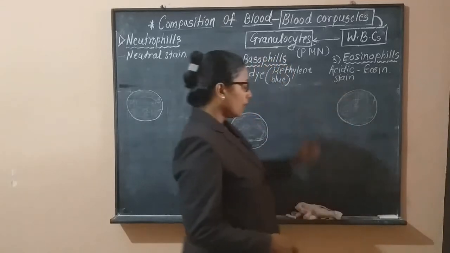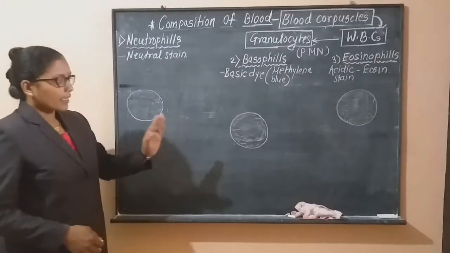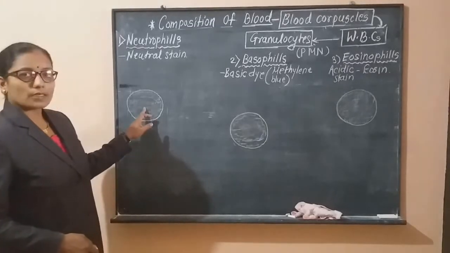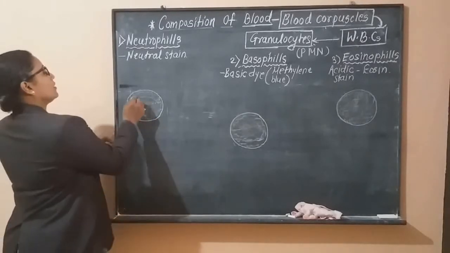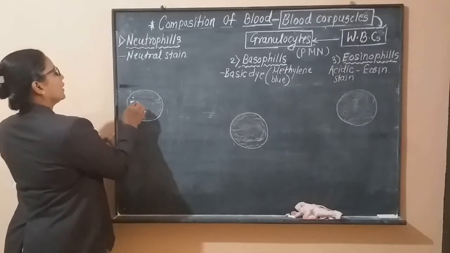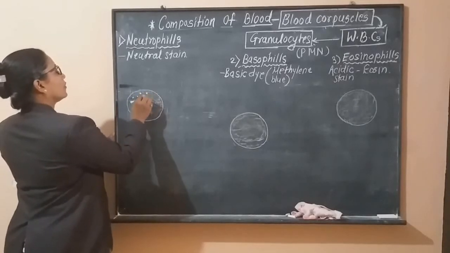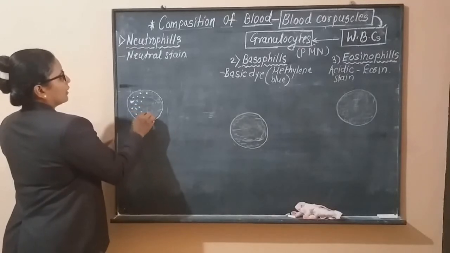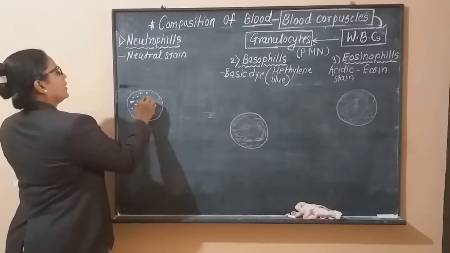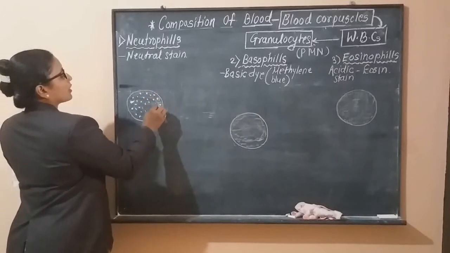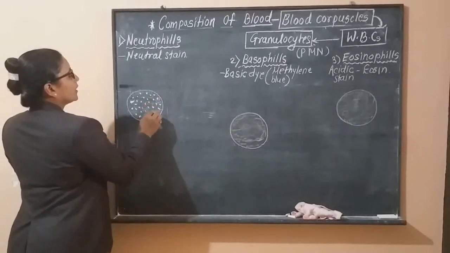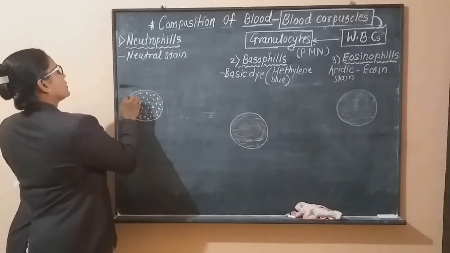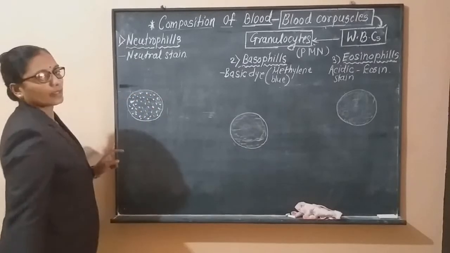Okay. Now all these three types are granulocytes, meaning in the cytoplasm of the cell there is presence of granules. In the last lecture we studied that these granules are nothing but secretory vesicles and they consist of enzymes.